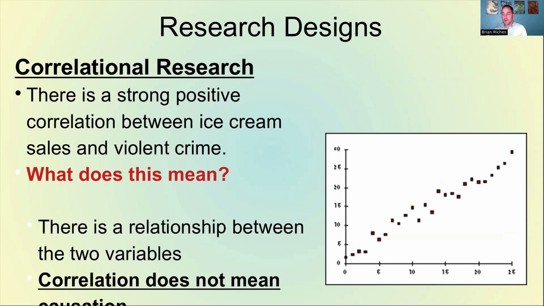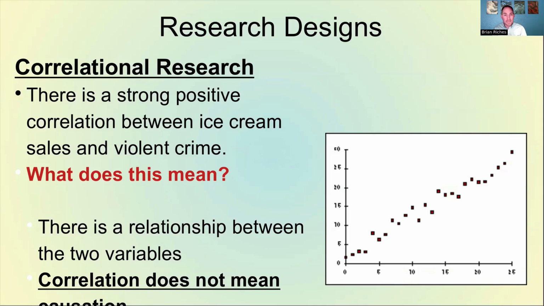Ice cream sales are not causing violent crime. Violent crime is not causing more ice cream to be sold. There's actually a third variable here of heat. When it's hotter outside, we tend to see more violent crime. When it's hotter outside, we tend to see more people buying ice cream. And so while we can actually measure a correlation, a relationship there, it doesn't mean that one causes the other.